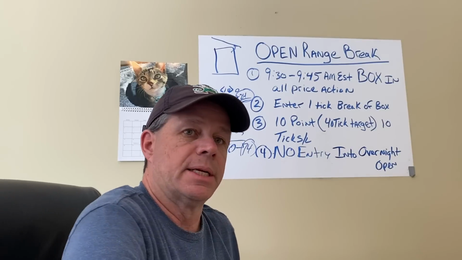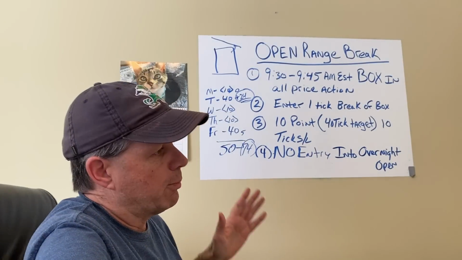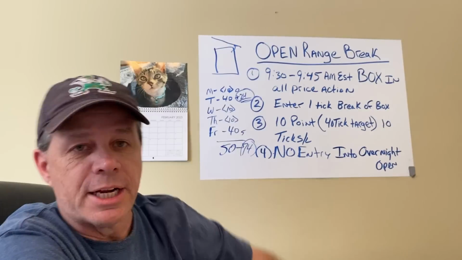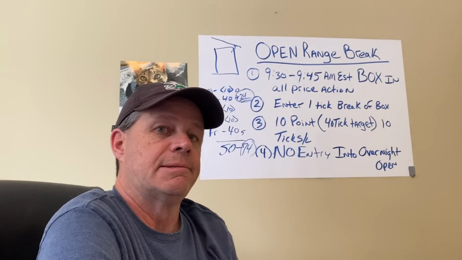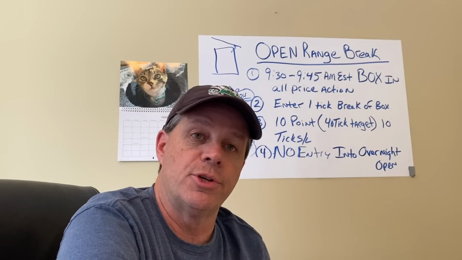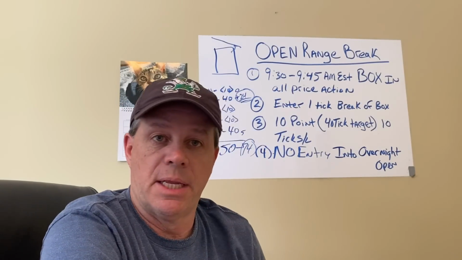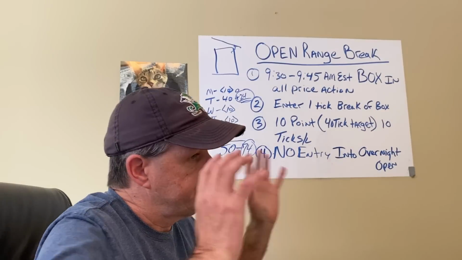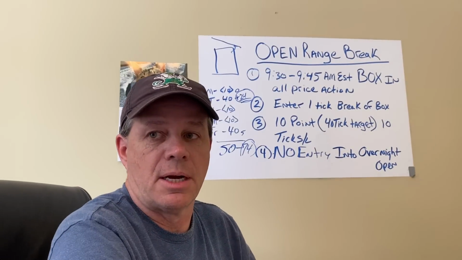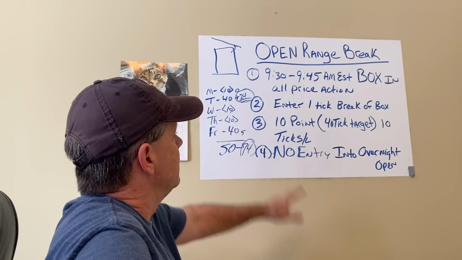And what you're basically looking for is the break out of that range or the break back into that range. And you're actually going to play it for trades. And I'm going to show you what I mean in a minute. When you get your mind around it, you'll see what I'm talking about.